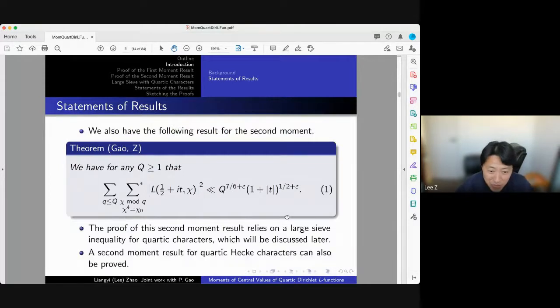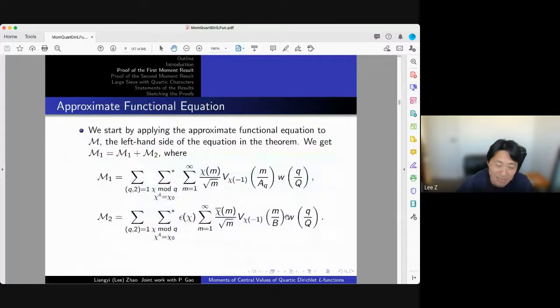So the first thing that I want to do to that M, which is the left-hand side of that equation, is to apply something that's known as the approximate functional equation. So what it does is the following. First of all, it gives approximate values for L(s, chi), where s lies in the critical strip.